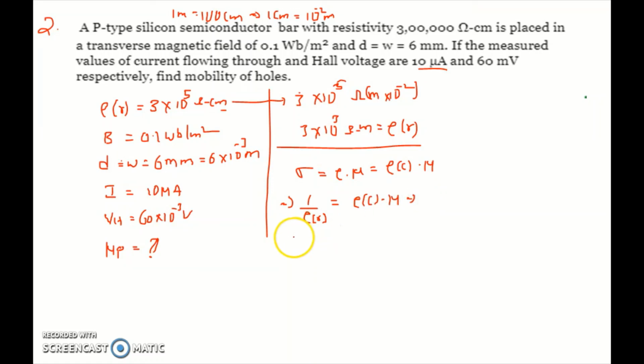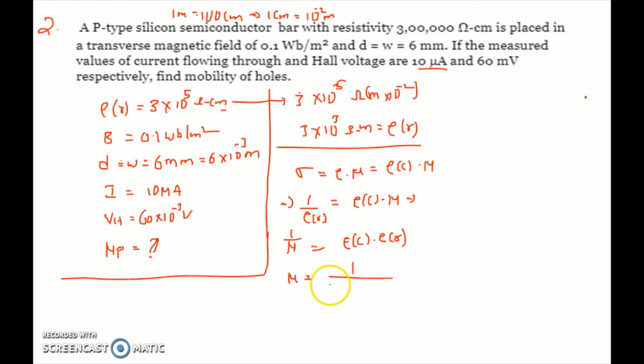So from this I will get mu, that is mobility. So 1 divided by mobility is equal to charge density into resistivity. So that implies mu can be given as 1 divided by charge density into resistivity. Clear? So it is the formula I will get for the mobility.